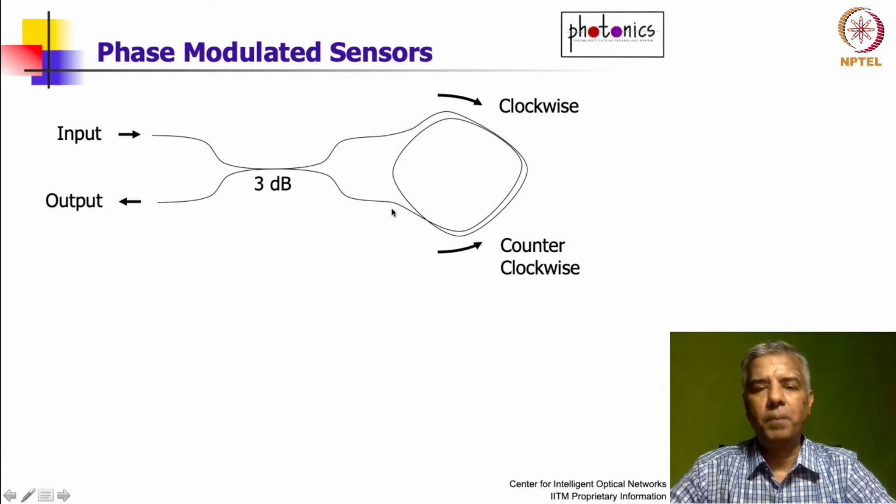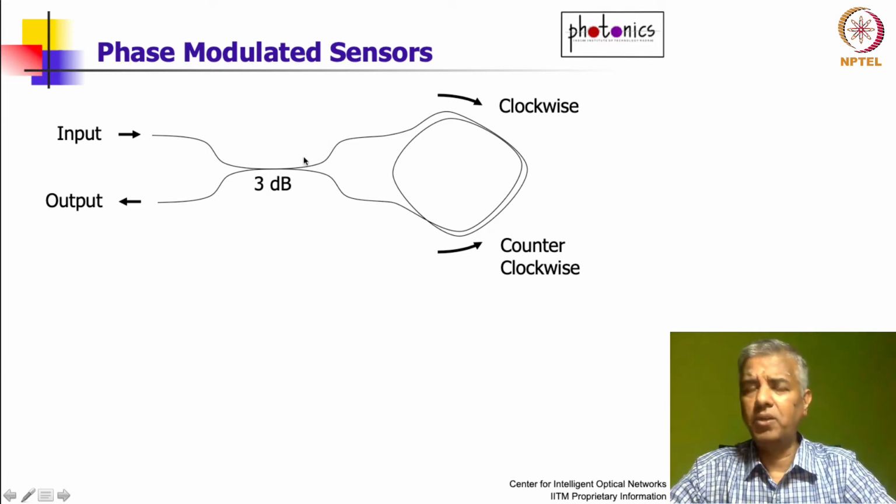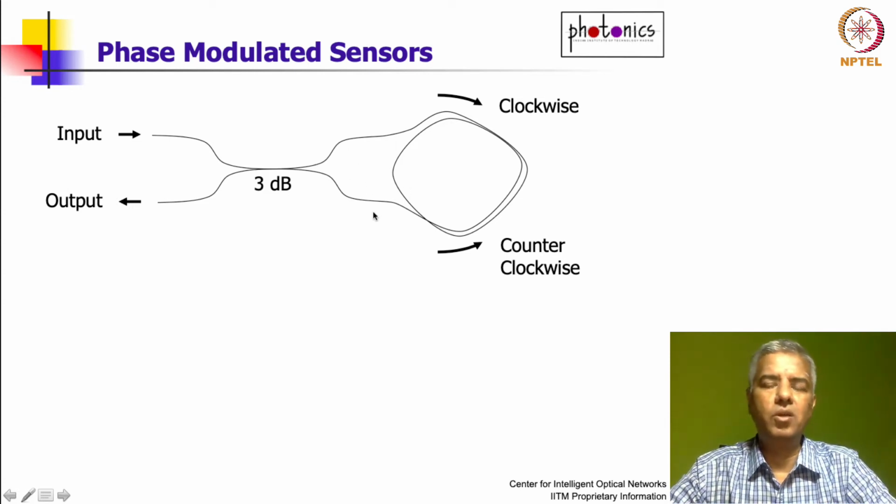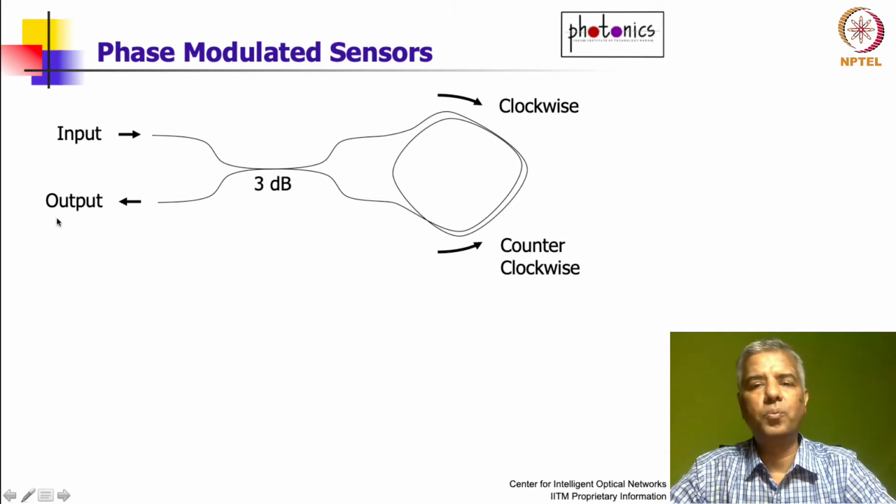So the paths that they are traveling are both the same, and because of that, when they come back and you look at the output, they essentially cancel each other, right? So the phase difference between them is 0, and so all the light is just going there. There is no output over here.